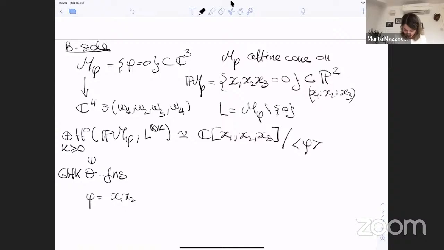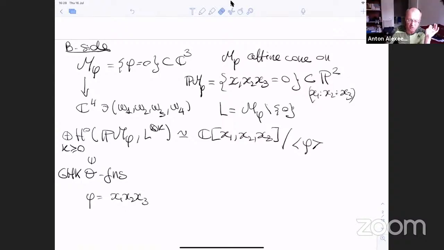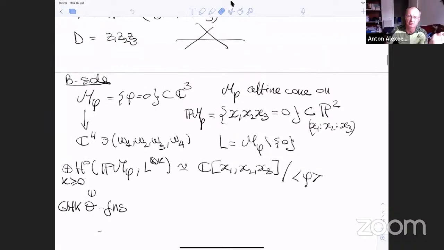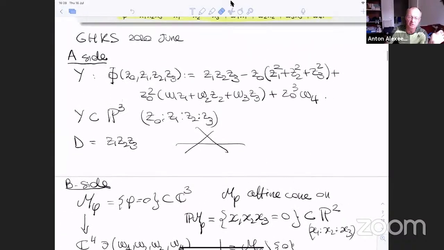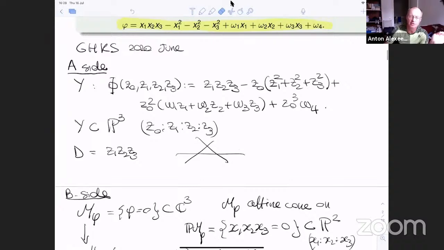Yes, but on the A side, the cubic has some fixed parameters. On the A side, we don't consider the family. We have a concrete cubic with some concrete omega 1, 2, 3, 4. Is it correct? But no, I can still consider a family. But then what you said in the beginning, on one side we have a surface with a divisor. On the other side we have a family. Does it still hold?